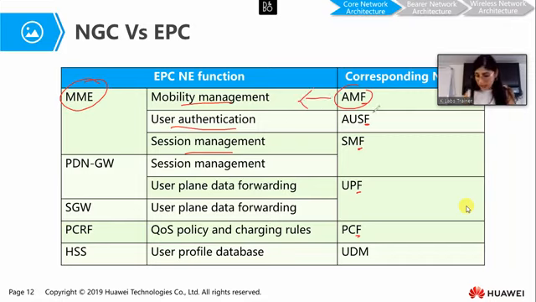The authentication server is responsible only for user authentication. In the 4G network, the session management is in charge of the MME and also of the PDN gateway, while in the 5G core network, we have the session management function, which is responsible for the session management and also for the user plane data forwarding.